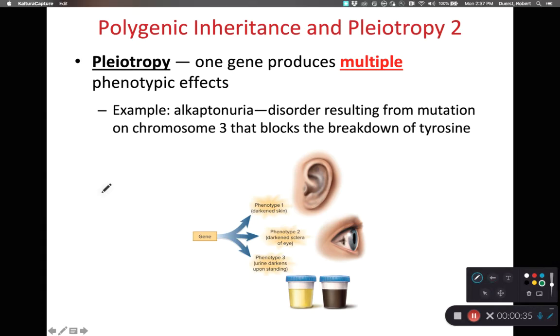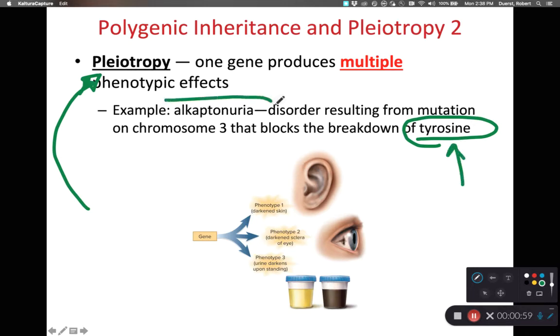Another odd one out there is pleiotropy, and a pleiotropic situation is when one mutation causes multiple phenotypes. So one gene having more than one phenotype can happen. A classic example is the inability to break down tyrosine. Tyrosine is one of the amino acids, and if we can't break down tyrosine metabolically, we have a disease state called alkaptonuria.